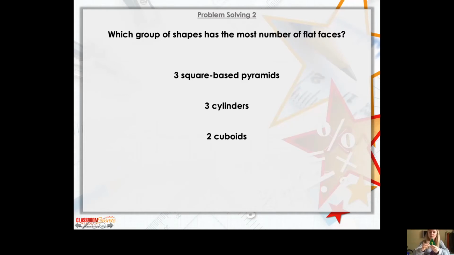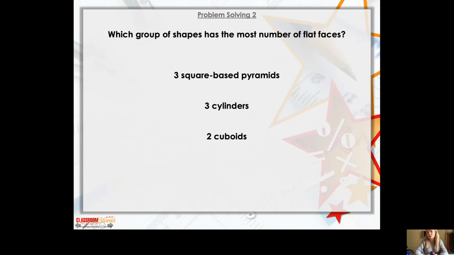Now, how many flat faces does our square-based pyramid have? Well, we counted earlier that it's got 1, 2, 3, 4 around the top, and then it's got 1 on the bottom, which gives us 5 flat faces. It hasn't got any curved surfaces, has it?